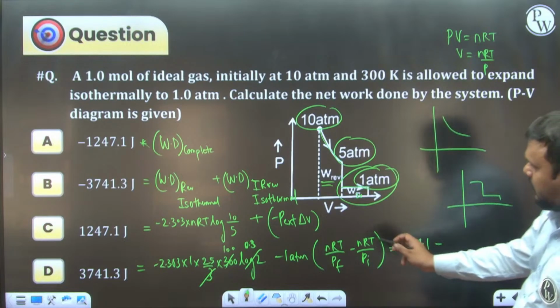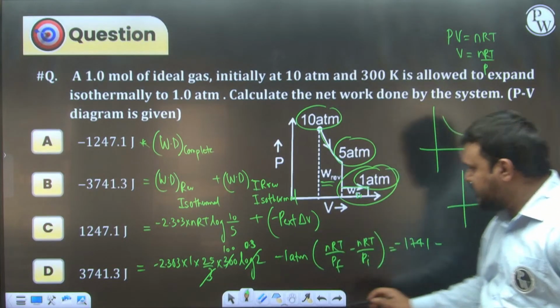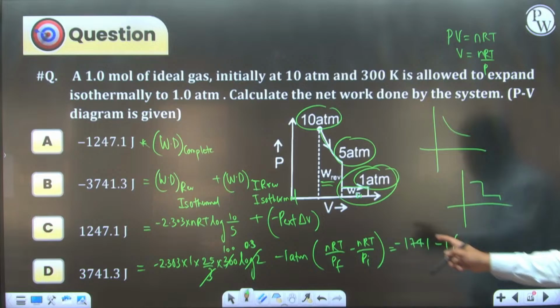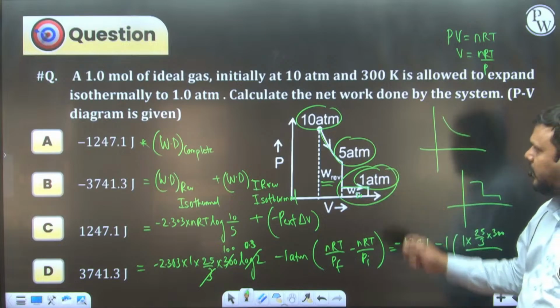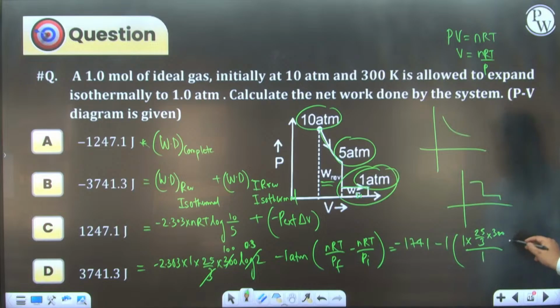And here this value, let us calculate: minus 1 into nRT, 1 mole into R is 25 by 3 into temperature 300 upon pressure final, what is the pressure final value over here? 1, minus nRT again 25 by 3 into 300 divided by pressure initial was 5.